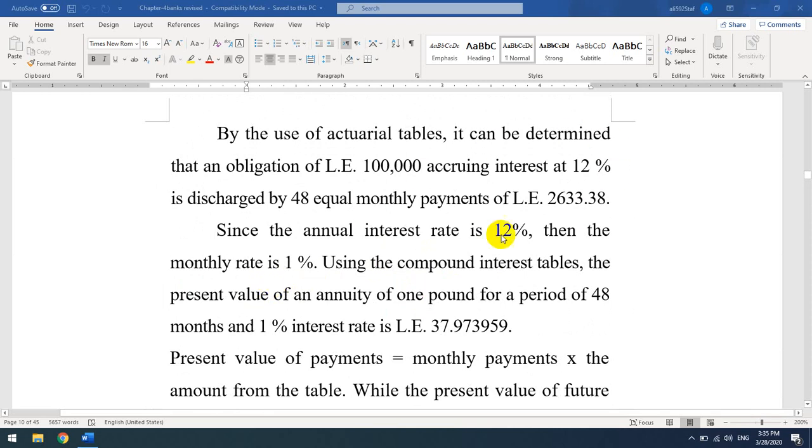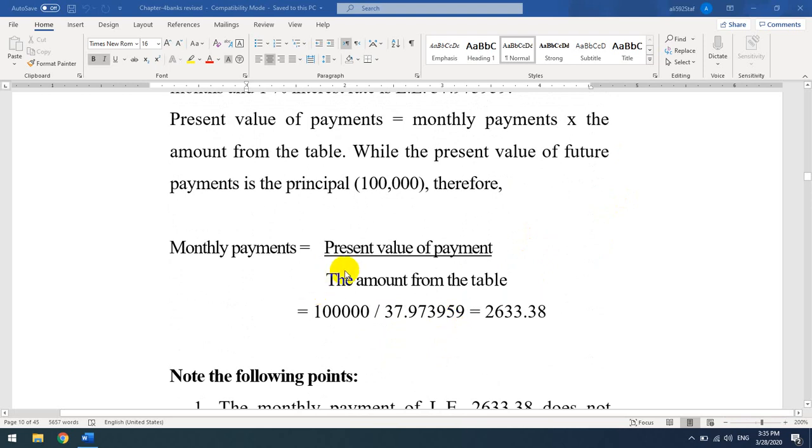If we make the actuarial calculations and determine the equal amounts that should be paid each month, the monthly payment on this mortgage loan, by calculating the annuity, it was 2,633.38. This is the monthly payment.